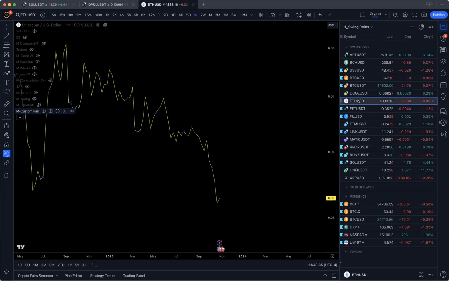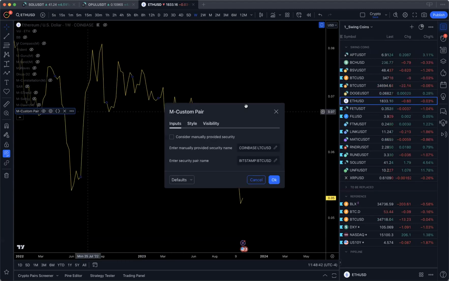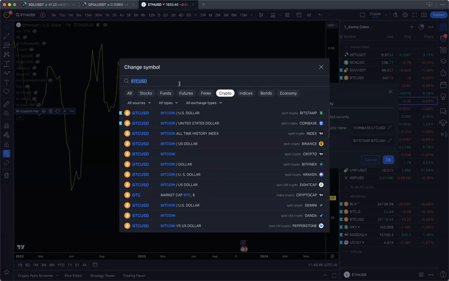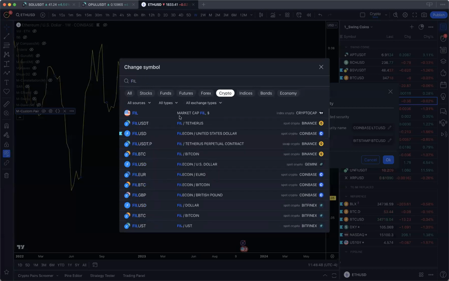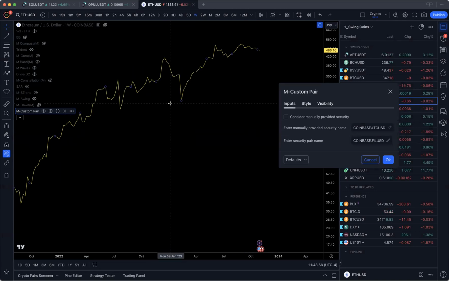I select Ethereum versus BTC, so it's not doing well, right? If I select Ethereum versus FIL coin, for an example, then Ethereum would look different, where it shows upside. So Ethereum is doing better than Filecoin. You see, so I can compare two coins. That's the whole purpose of this custom pair.